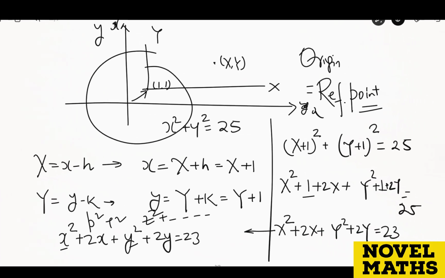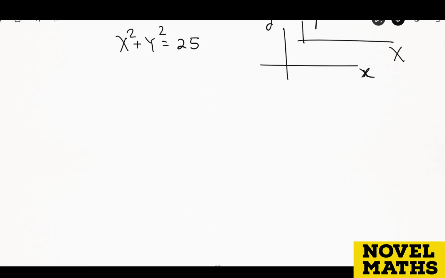Let's solve it. So now we have the equation in capital X and Y, right? The new coordinate system. So here x square plus y square is 25 is given. The equation with respect to this coordinate system is given.